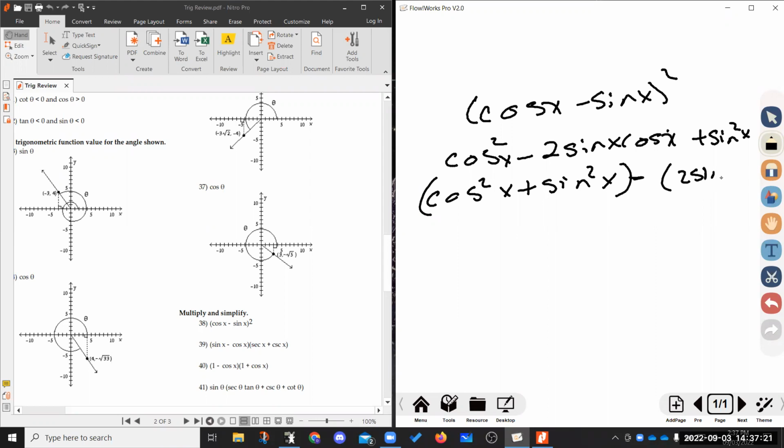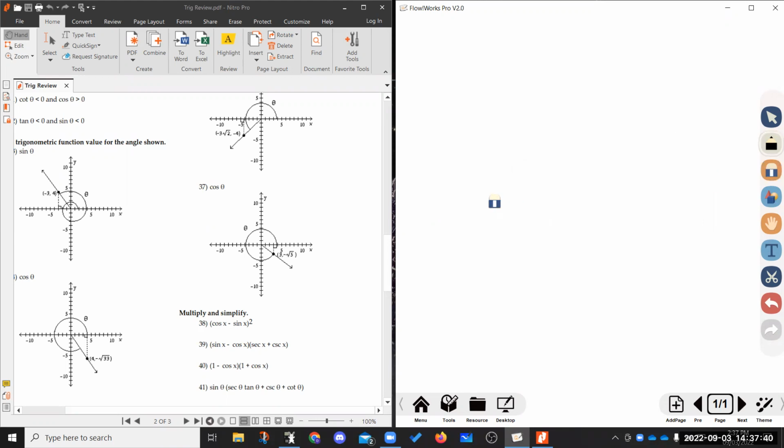Two sine x cosine x, also an identity. So we're going to say this is 1 minus sine of 2x. Those are just straight off of your identities.